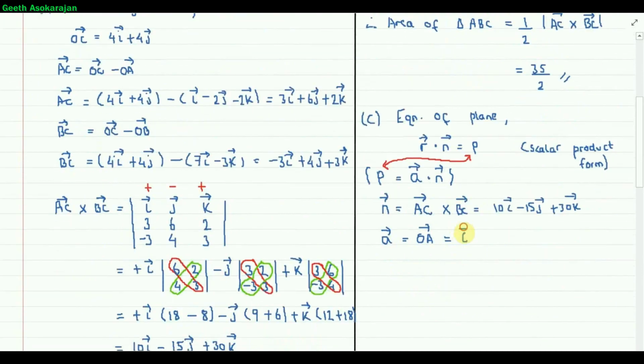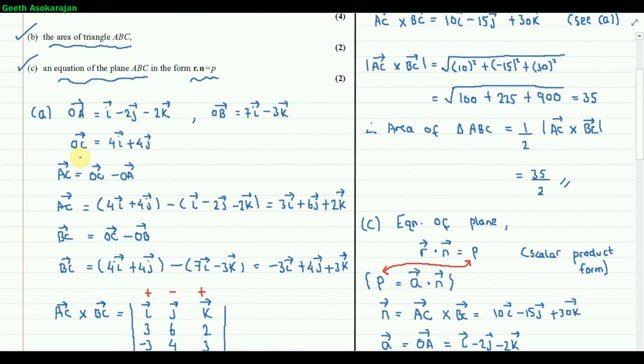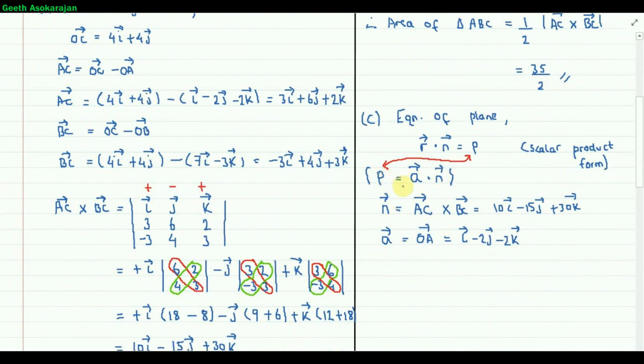But just to repeat, you could also take it to be OB or OC, as all of these 3 points are points contained on our plane. All of these points are fixed points. And the distinction between a fixed point and R is that R is the position vector of any point on the plane.